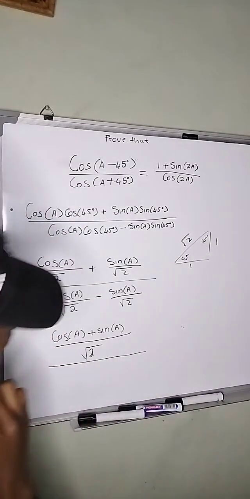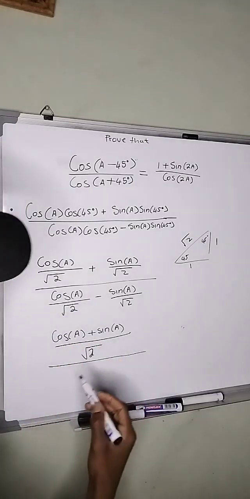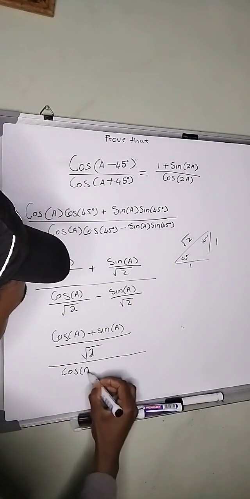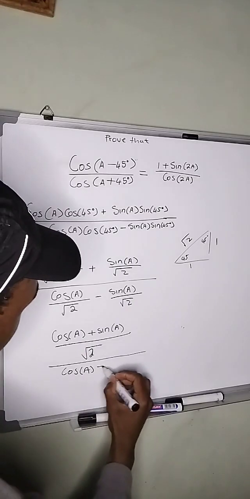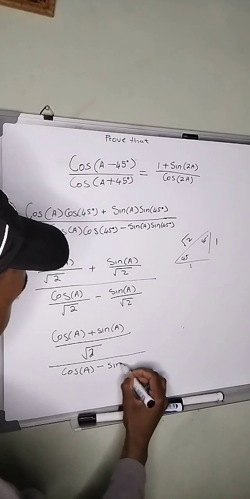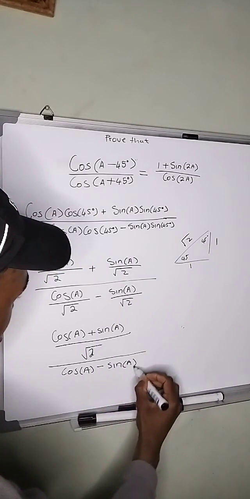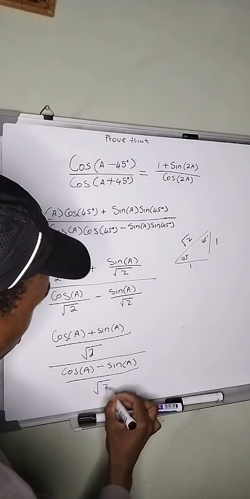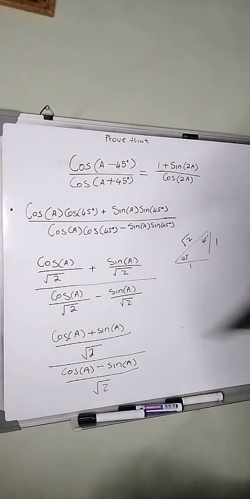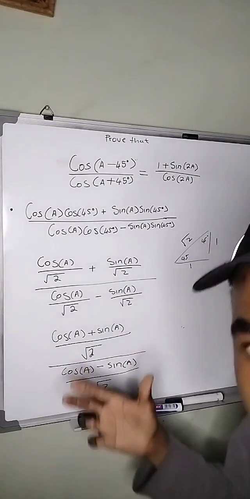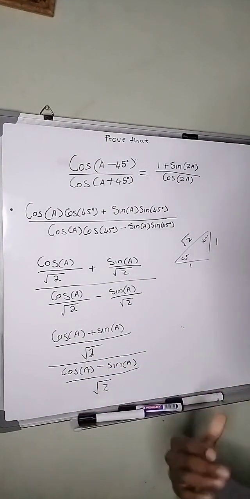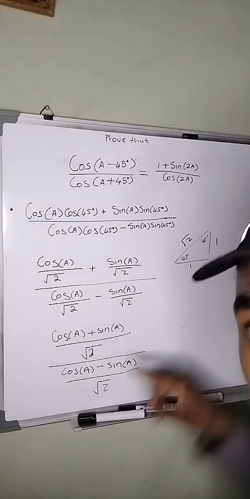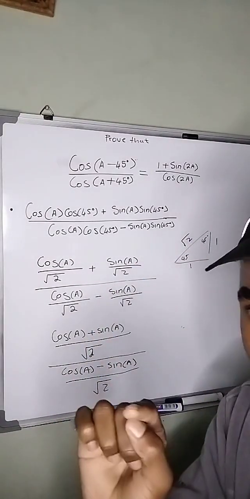Over cos A minus sine A over root 2. And you see now, I have what over what over what over what, but I'm going to change this line into a division sign.